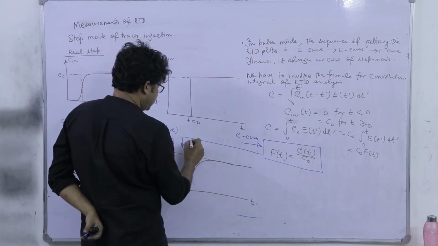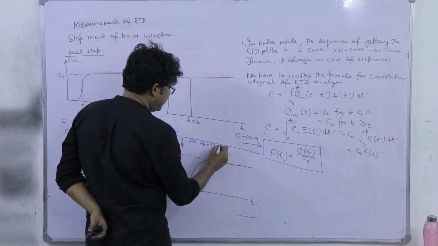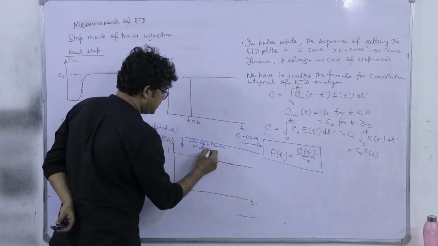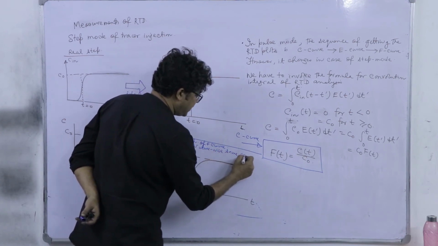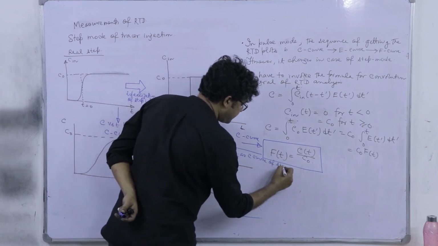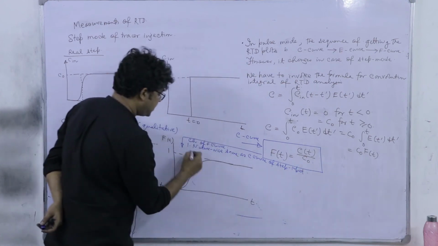So, the characteristic of the F curve is nature wise, or shape wise, the same as the C curve of step input, right.